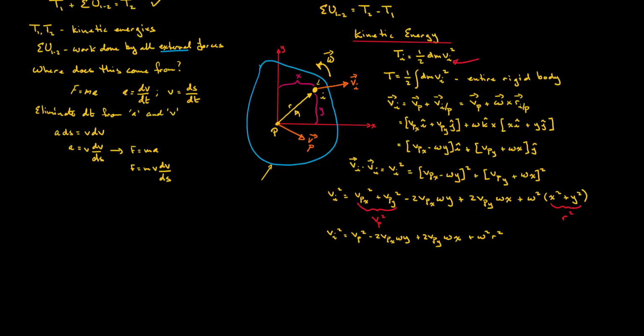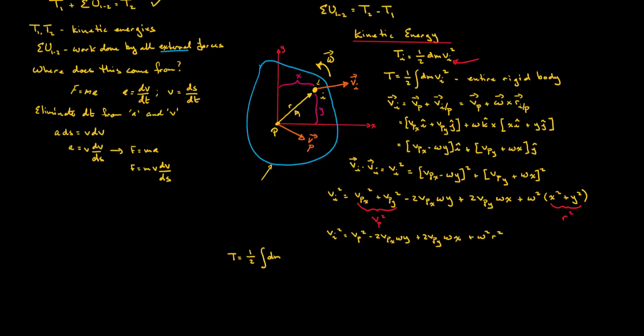So this is our expression for the velocity at point I if we know the velocity at point P. And this velocity at point I will go into our integral for the kinetic energy of the entire rigid body. So let's do this. We have the kinetic energy, T, equal to 1/2, then the differential mass, dm, multiplied by Vi squared.